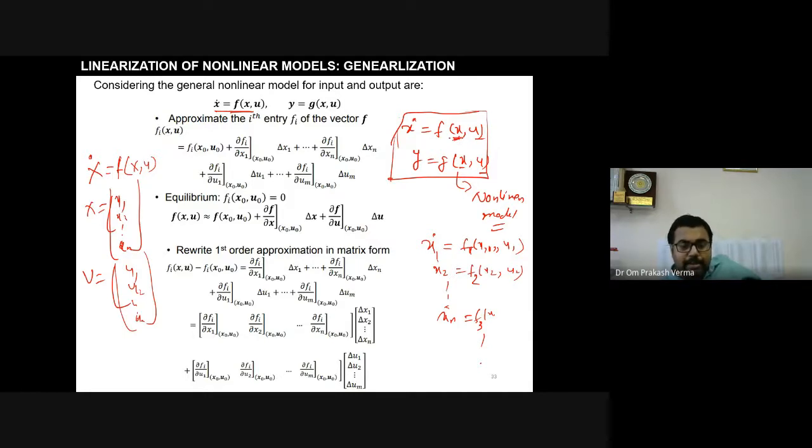In that case, we have to learn how the linearization technique applies.